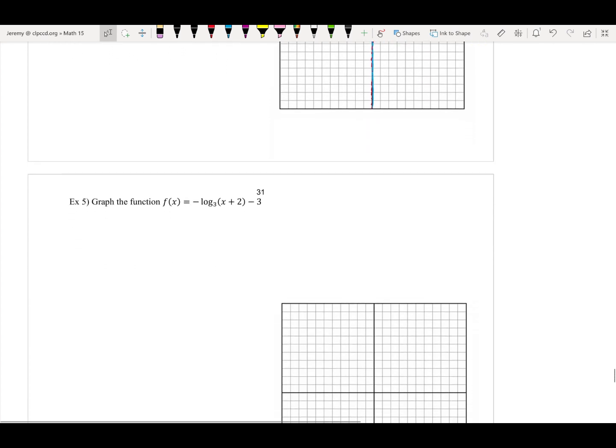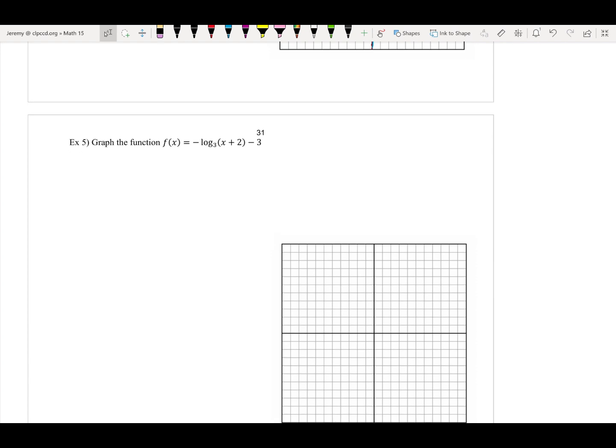Because for problems like example 5, yes, we're graphing a logarithmic function, but we also have a bunch of transformations here. Saying this plus 2, that indicates some kind of horizontal shift. There's a negative sign out in front. That's a reflection. We're shifting vertically as well.